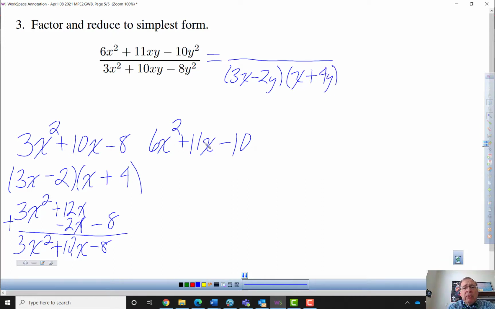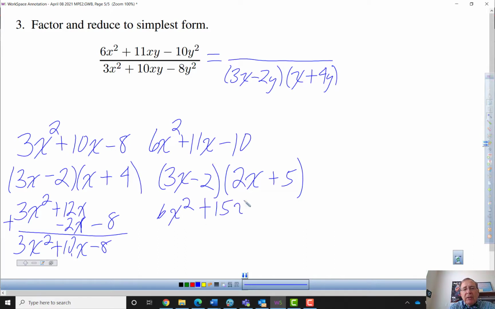So now I'm going to do the numerator, and I'm going to assume that this same factor is in there. And then if this is 3x, this has got to be 2x. And I have to have a plus and a minus, but here's my minus, so let's make sure this works. 3x times 2x, 6x squared. 3x times 5 plus 15x.